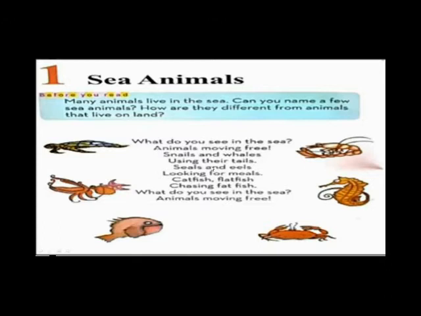What do you see in the sea? Okay class, read with me. What do you see in the sea? Animals moving free. Snails and whales using their tails. Seals and eels looking for meals.